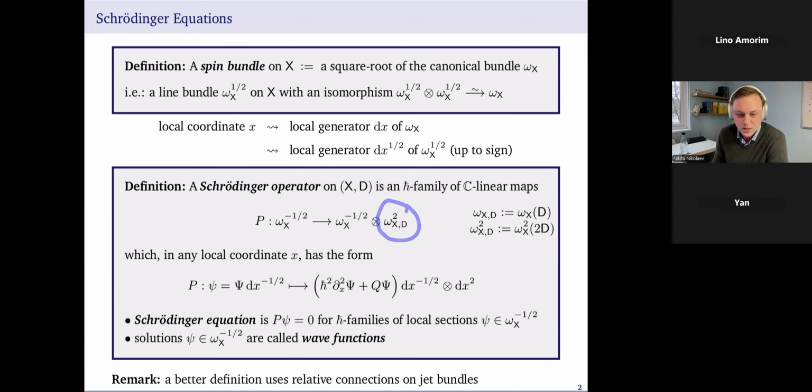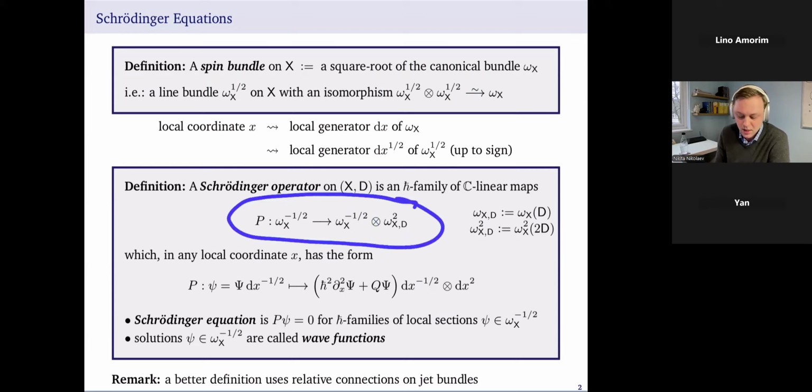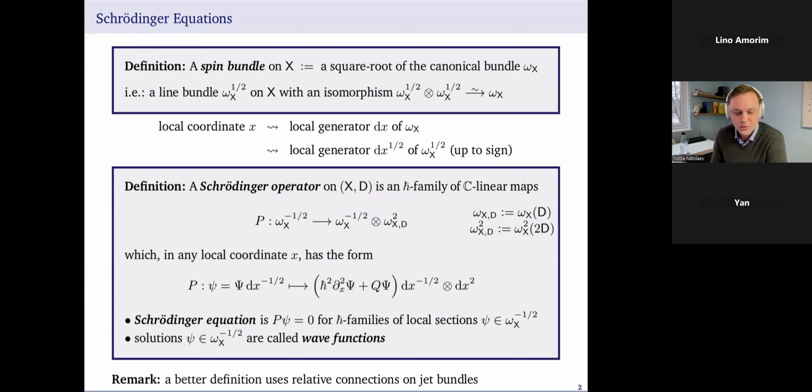That's what makes this map a second order differential operator. I'm using slightly non-standard notation where I'm thinking of this as the canonical bundle of the marked curve (X, D), but it's just the usual canonical bundle twisted by D. When I square it, I'm squaring the entire bundle, so the divisor gets doubled.